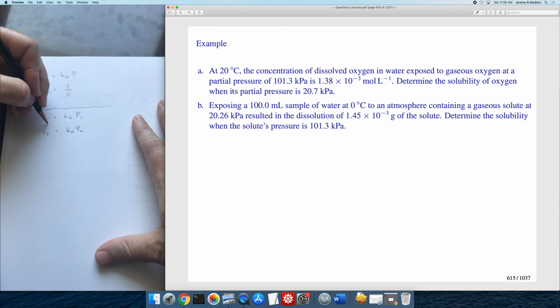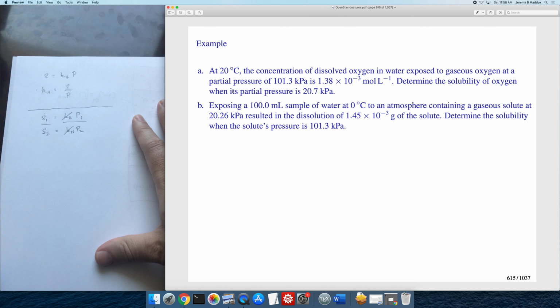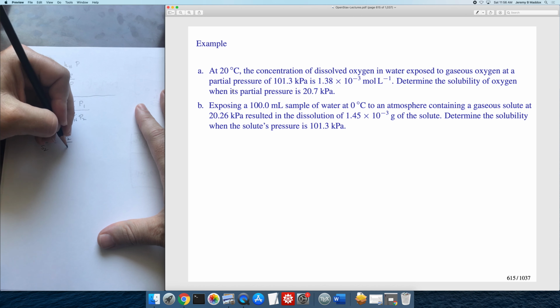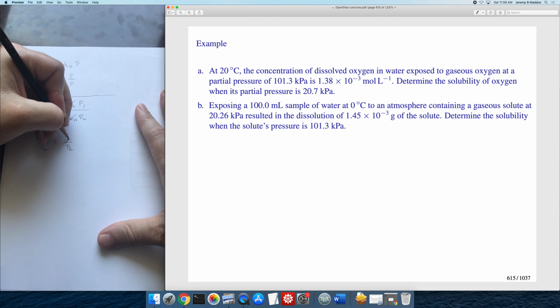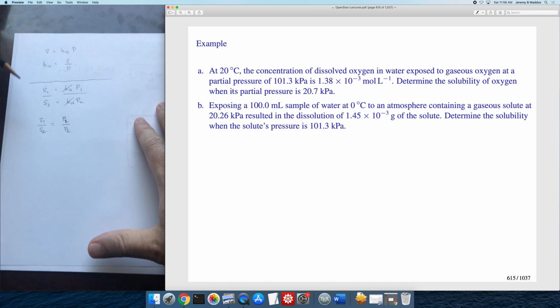Then you divide the top equation by the bottom equation, and you'll see that the Henry's law constant drops out. You don't actually need it. So now you've got a relationship with these different quantities. Oops, this should be P1. So you know S1, P1, and P2, and you need to solve for S2.